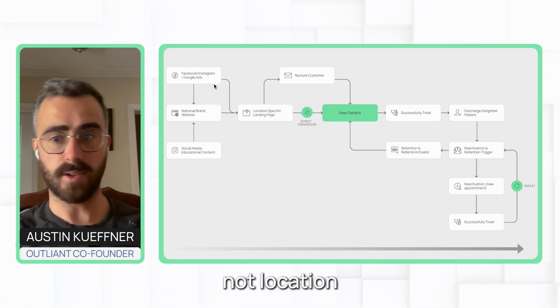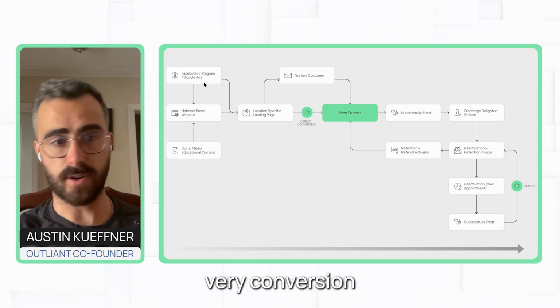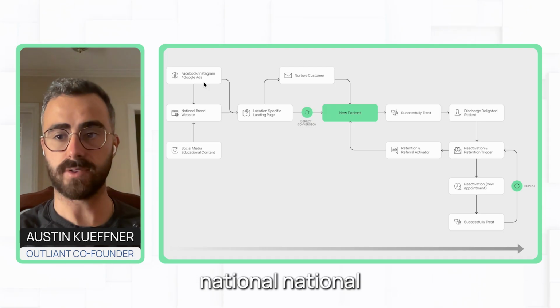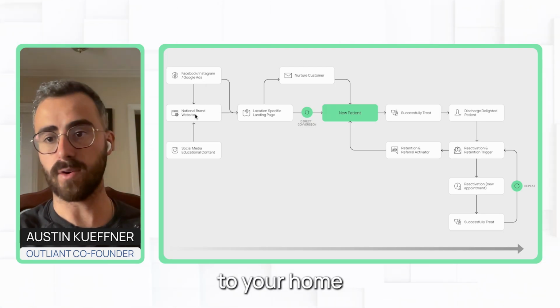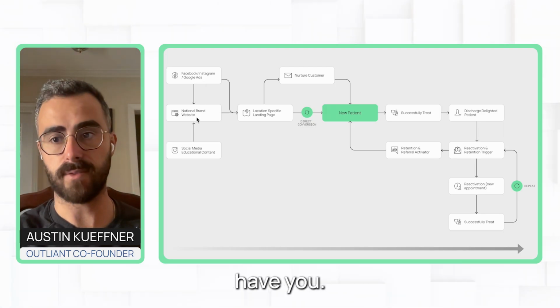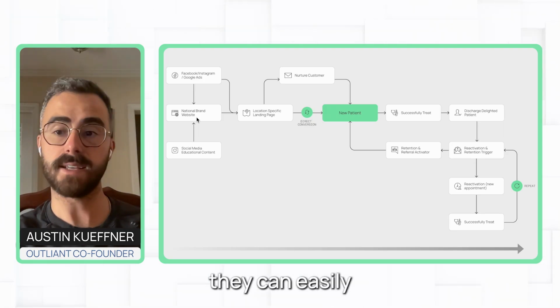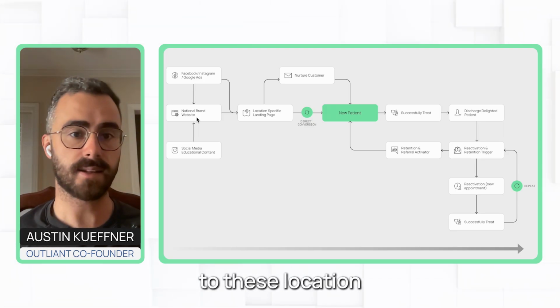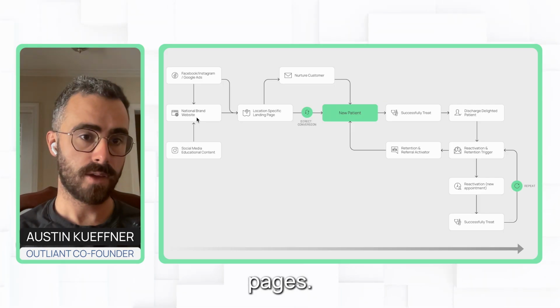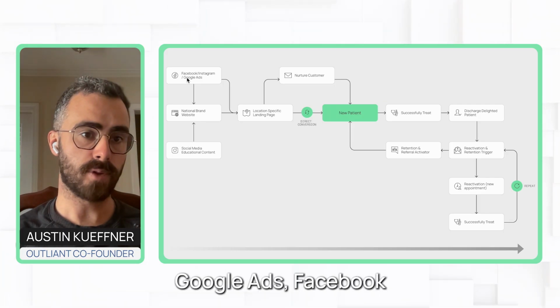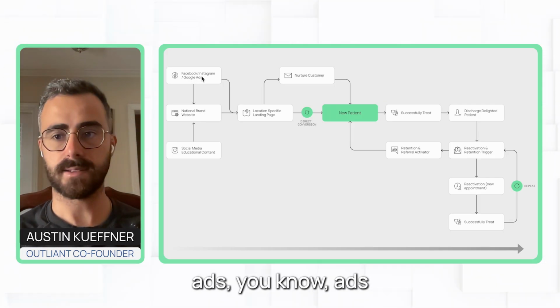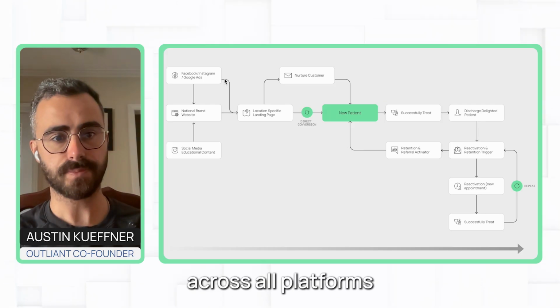And if it's not location specific or very conversion focused, bring them to your national brand website, bring them to your homepage or your blog article or whatever have you. And just make sure that in that blog article, that homepage, they can easily find a location finder to get to these location pages.